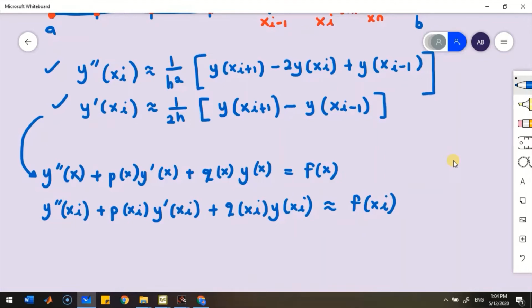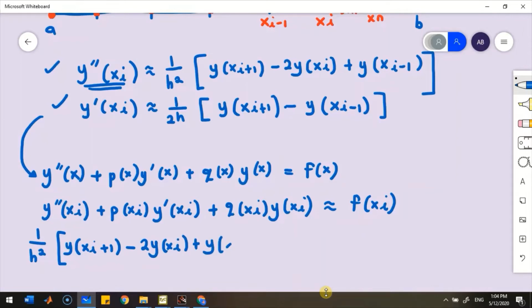Now, rearranging and substituting these two formulas, start with y double prime xi: 1 over h squared, y xi plus 1 minus 2 y xi plus y xi minus 1.